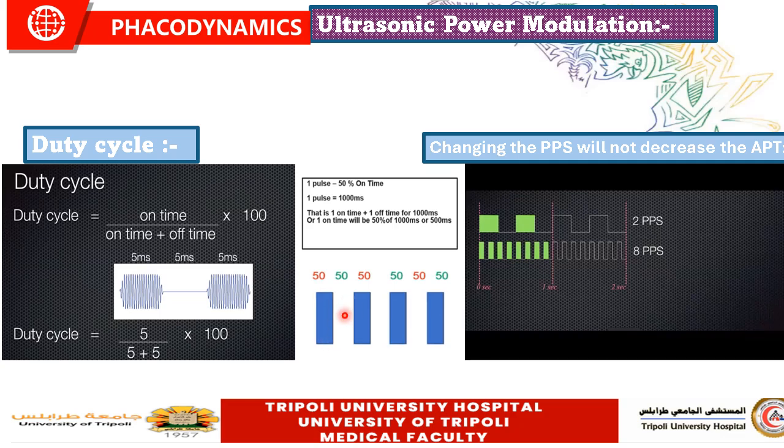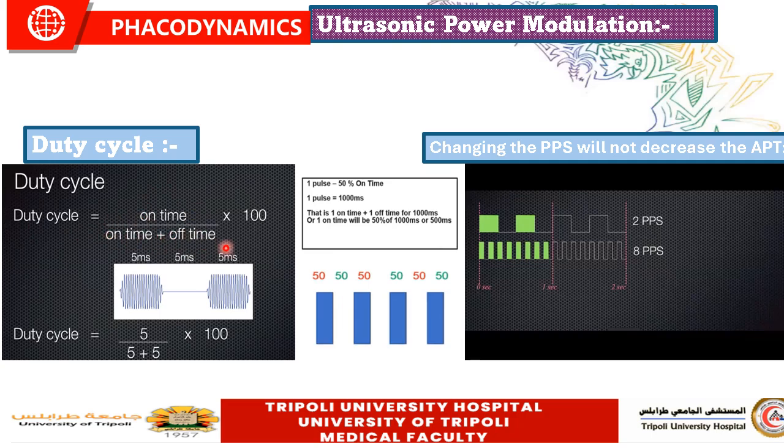It means that this is the time where the needle is moving, and this is the time where the needle is resting. So when we say that the duty cycle is 50%, it indicates that 50% of this time is on and 50% of this time is off, because the duty cycle equals the on time divided by both the on and off time. This is as simple as that.